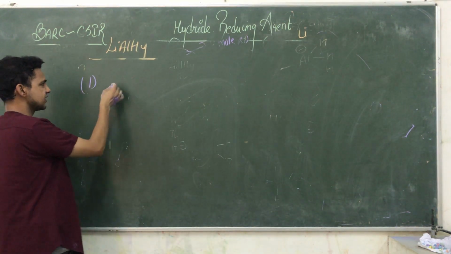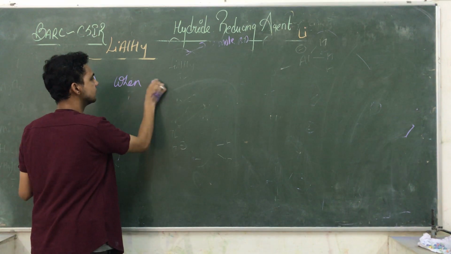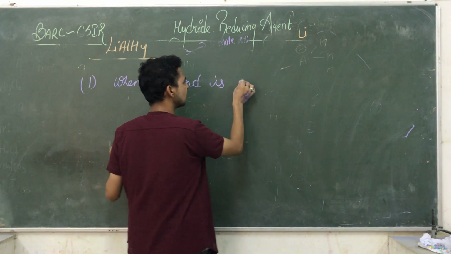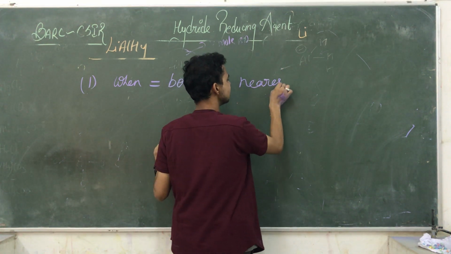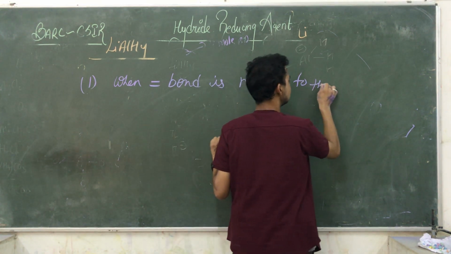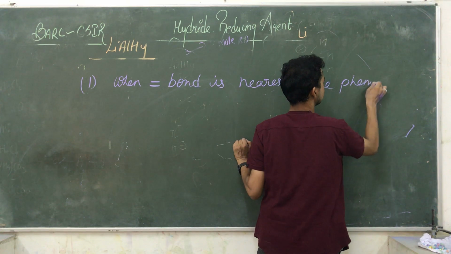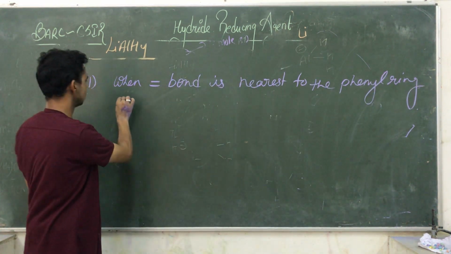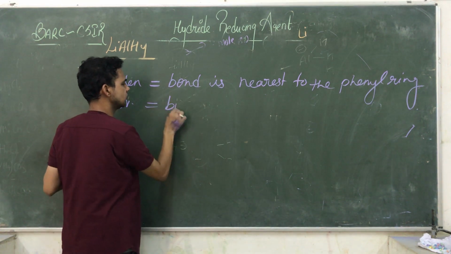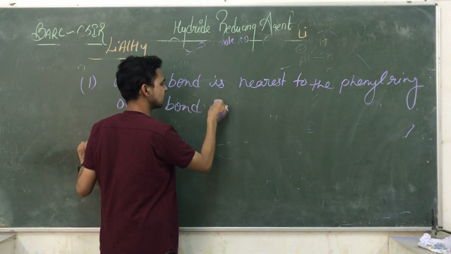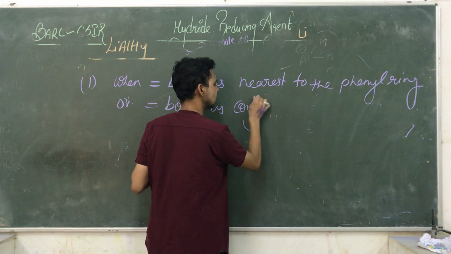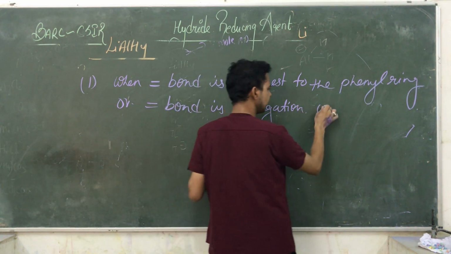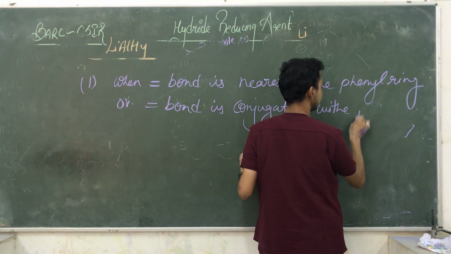The condition says when the double bond is nearest to the phenyl ring or the double bond is in conjugation with the phenyl ring.